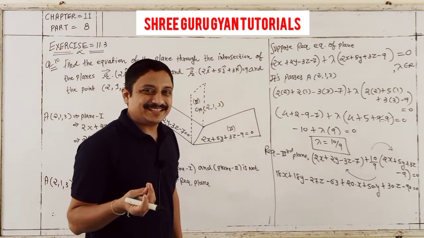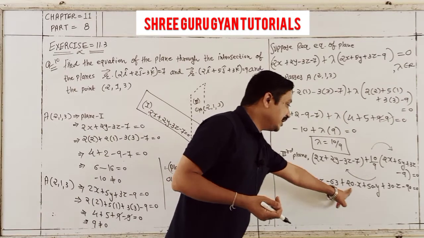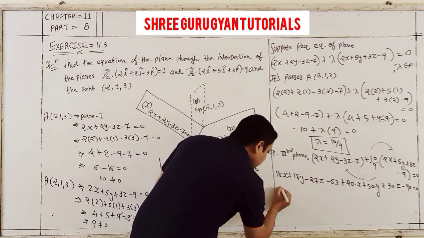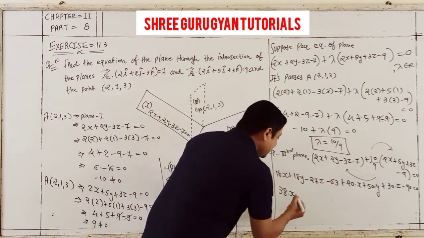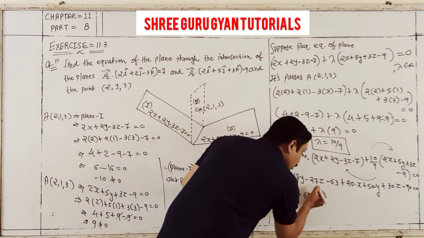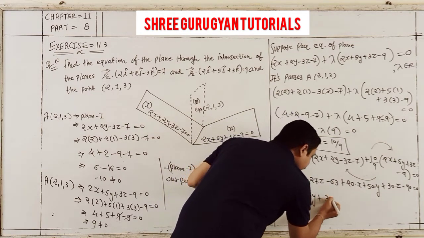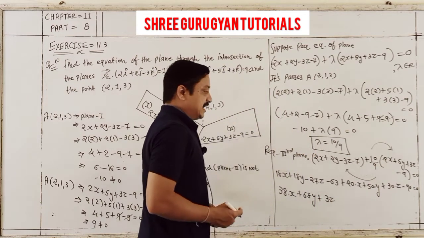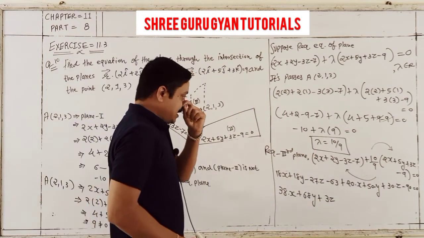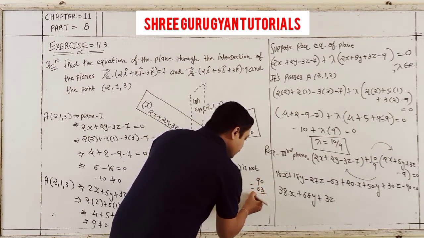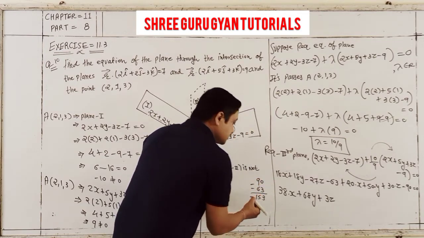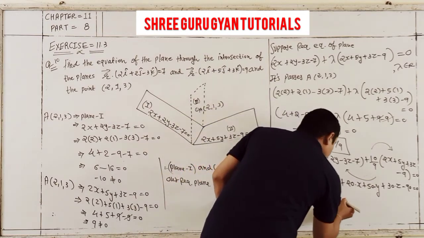Now just arrange the like terms: 18x and 20x, so 38x; 18y and 50y, 68y; 27z plus 3z; and last the 63 and 90. So it is minus 63 minus 90, it is minus 153.